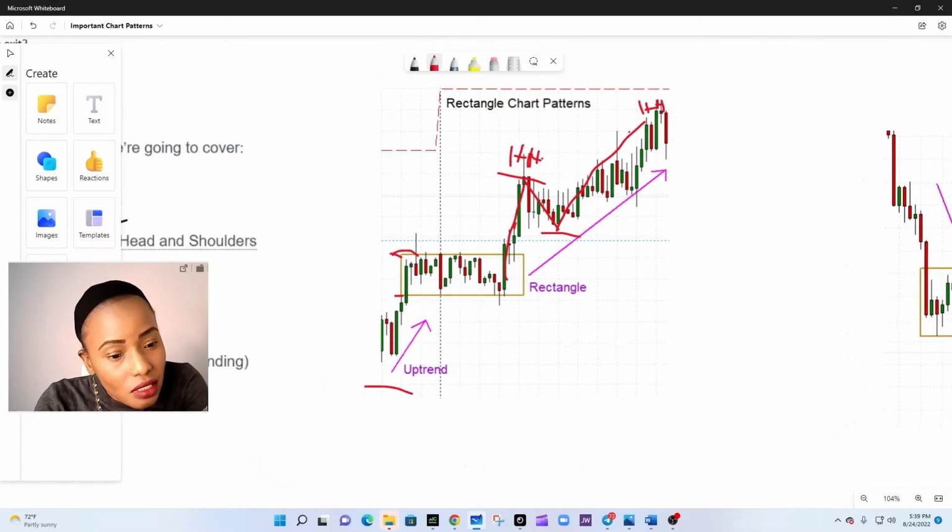During this phase where the rectangle was forming, when the price was bouncing between these two price points, you had a decision to make. Keeping in mind that the rectangle has formed in the middle of an uptrend, when you get to your point of interest, you might want to add more positions because this chart pattern is a continuation chart pattern.